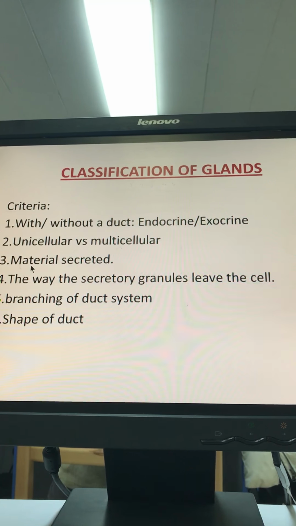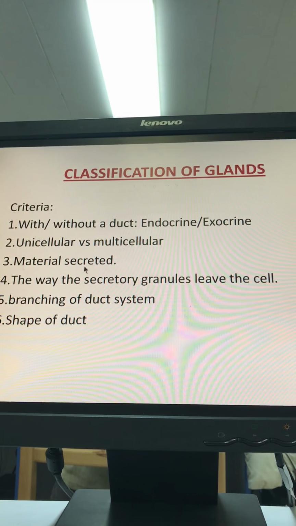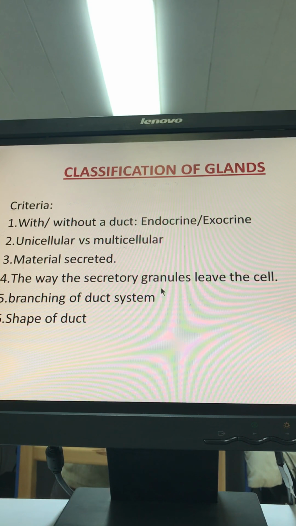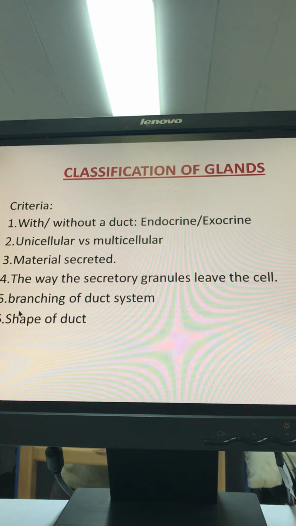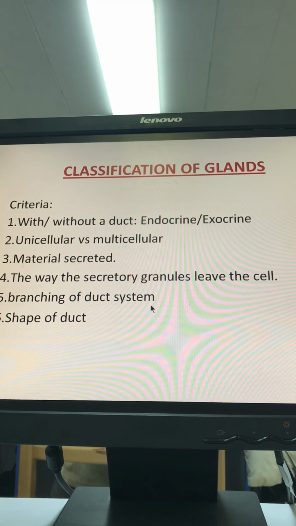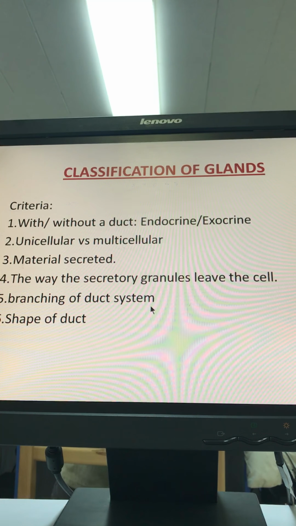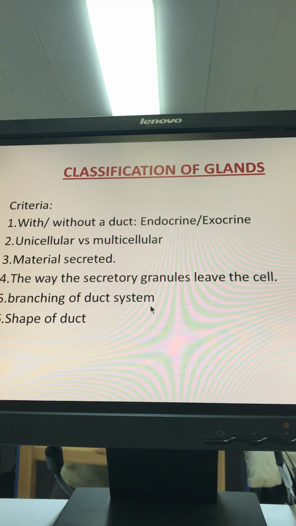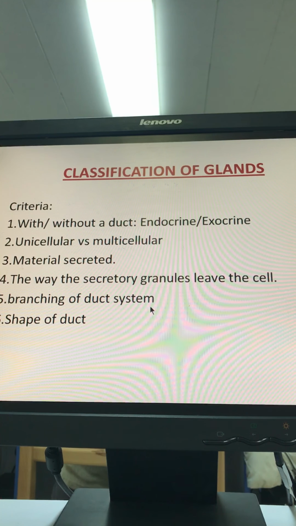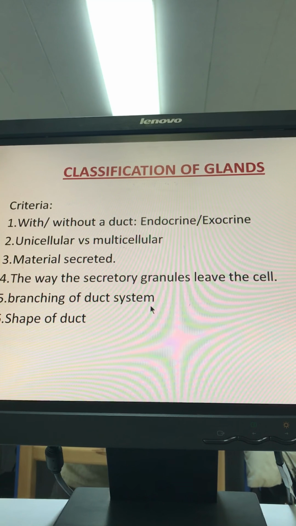We may have protein or lipids. The way the secretion will leave, or secretory granules leave the cell, the branching of the duct system. We may have one duct, نحكي عنها الجلاند simple or more than one duct, branched duct system زي الشجرة بيكونوا. فبنحكي compound.